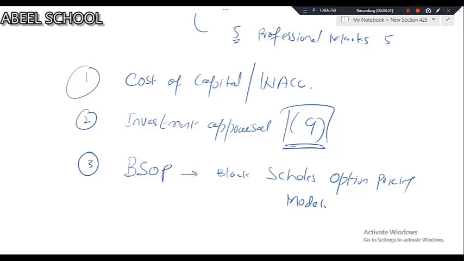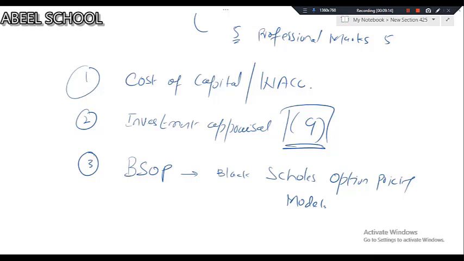BSOP, actually Black-Scholes and Merton invented this model, and on the development of this BSOP model, they got the Nobel Prize. So it's a really strong, good model, very easy.